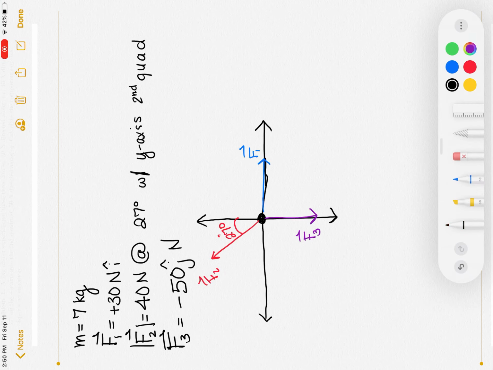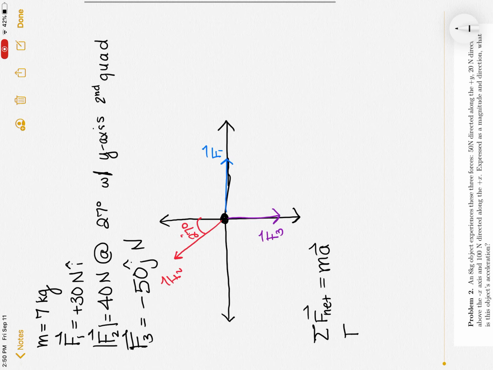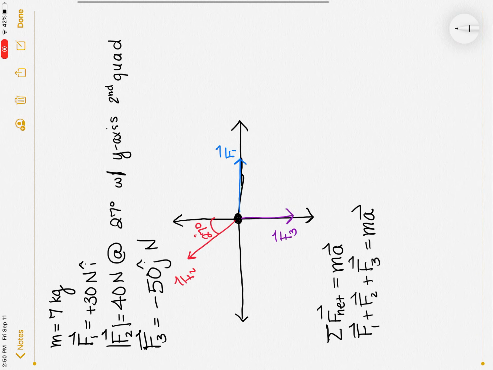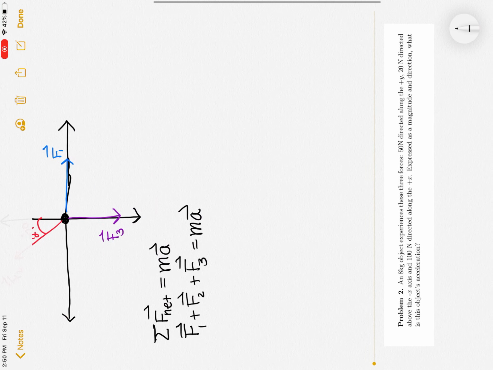So now we want to split it up into x and y components. So how do we actually set this up? So we know that F net is equal to the mass times the acceleration. So if we were to look at this just in terms of vectors, we would have F1 plus F2 plus F3 is equal to the mass times the acceleration. But we have x and y components of the vectors, so what do we do?